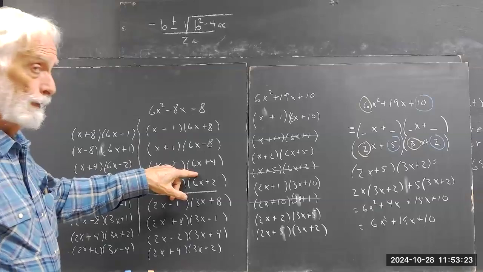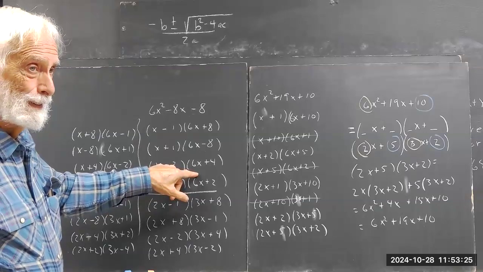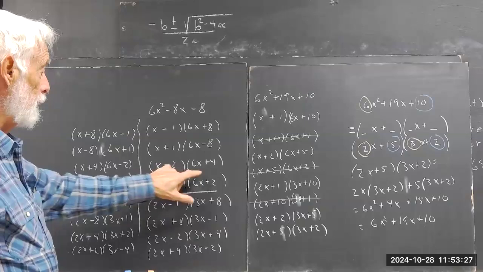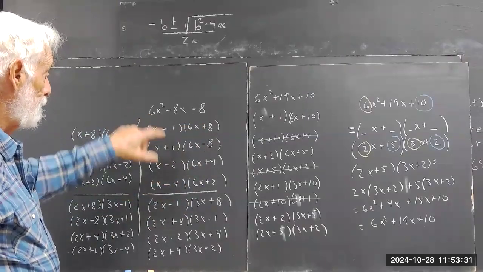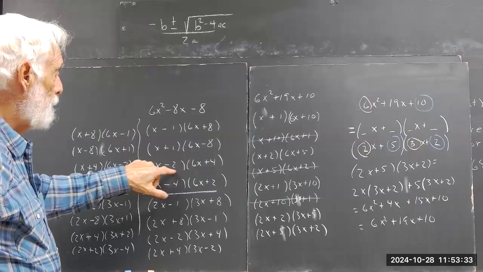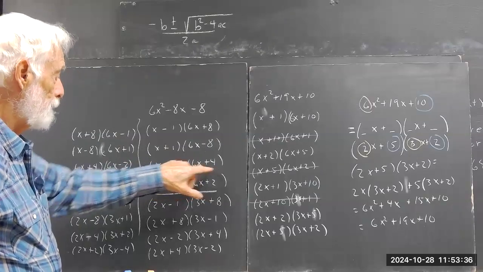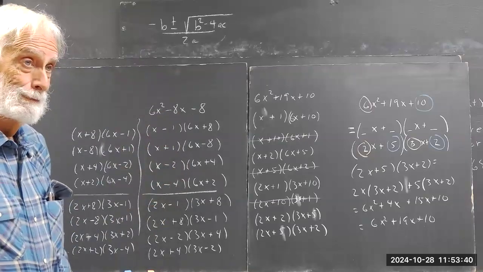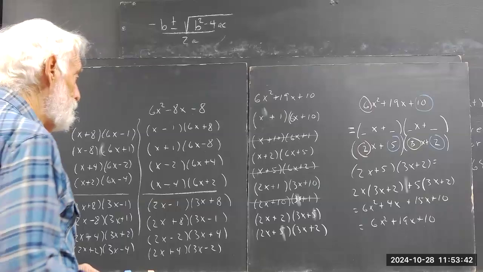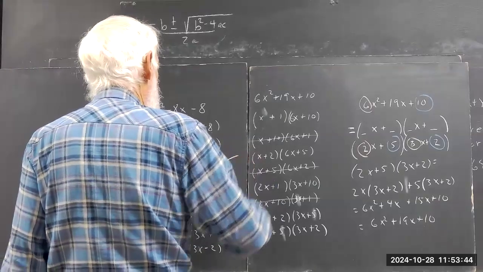Look there, I hit it. If I multiply this out, I definitely get my minus 8 there. I definitely get my 6x squared. And I get minus 12x and 4x. Minus 12 and 4 is minus 8, gives me minus 8x. So I can say, yeah, that works.